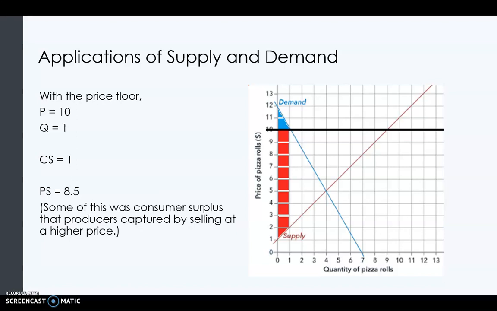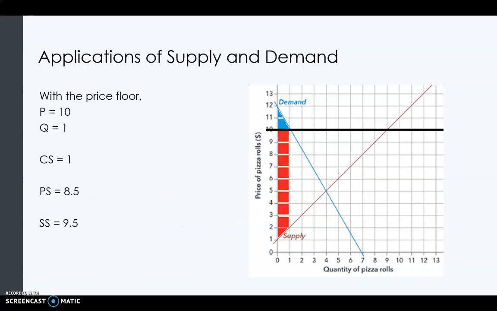Some of this, like the area that I'm squiggling in green here, above 5 and below 10, that was consumer surplus in our allocatively efficient market, but now it's been captured by producers selling at a higher price. So that's what you get, guy who's willing to pay $10 for a pizza roll.